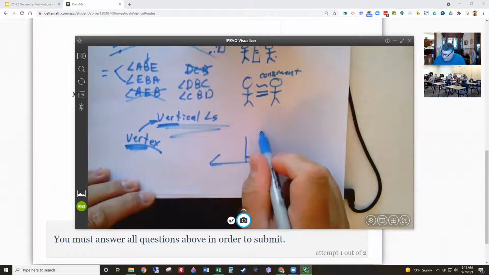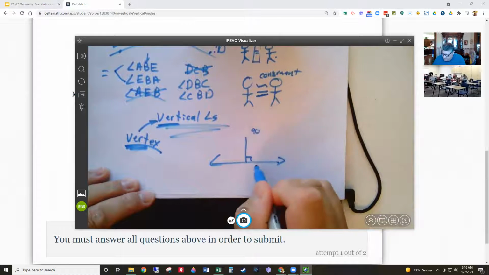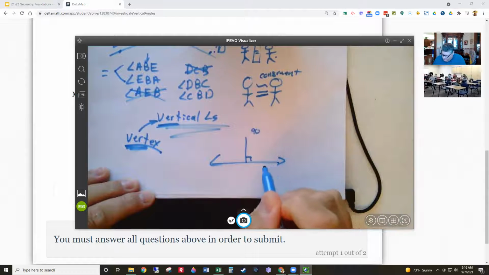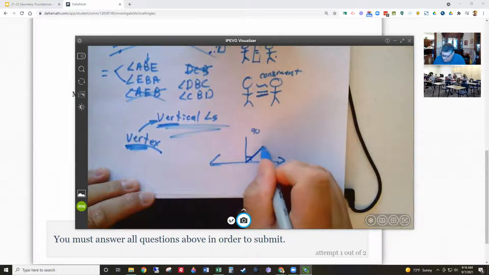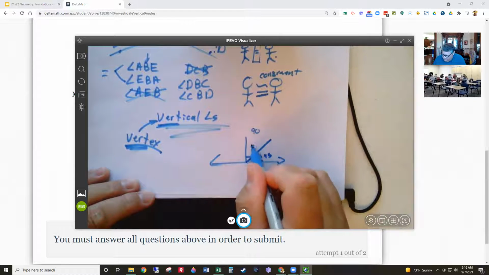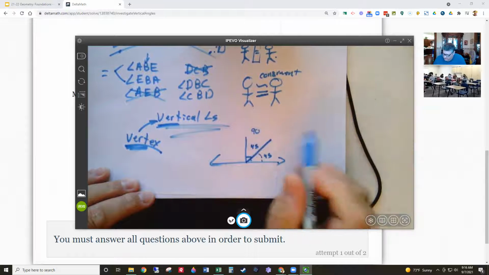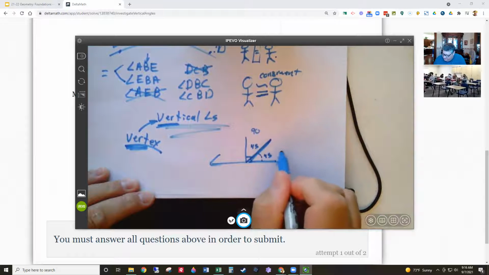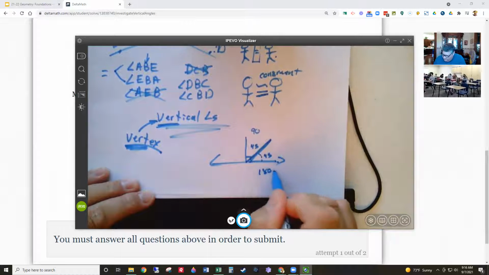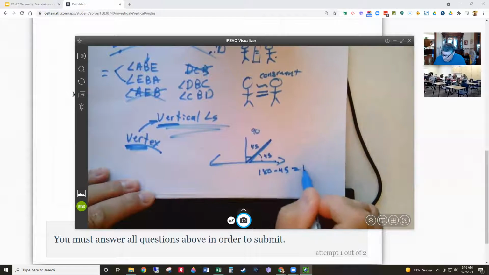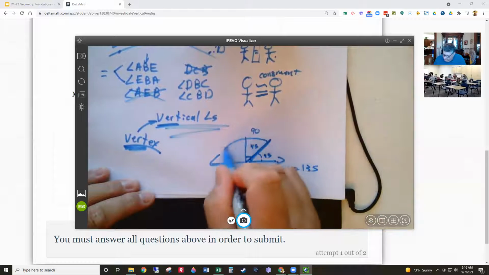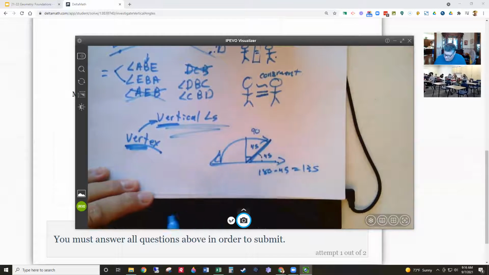So if this is 90, where would 45 be? Right in the middle. So 45 here, 45 here. Very good. So if this is 45, 180 minus 45, 135 would be what's left.